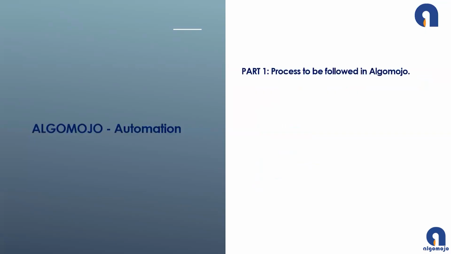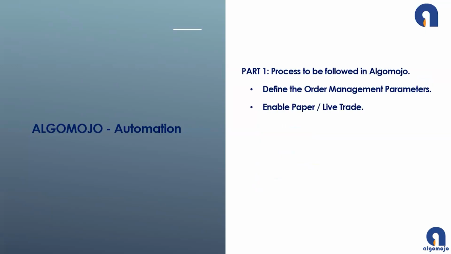When it comes to automation, it's a two-step process. The first step is what we do on the Algomojo platform itself, where we say what we want to trade. Once we decide what we want to trade, we get into setting up the alerts in TradingView, or setting it up in Chartink, or in Amibroker.